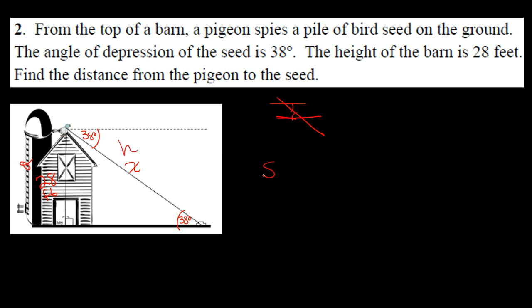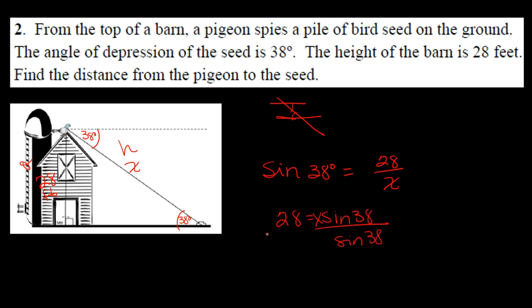So that is sine. So the sine of 38 degrees is equal to 28 over x. We're going to cross multiply. Put our x out front. We're going to isolate x by dividing each side by the sine of 38. We have x is equal to 28 divided by the sine of 38 degrees.